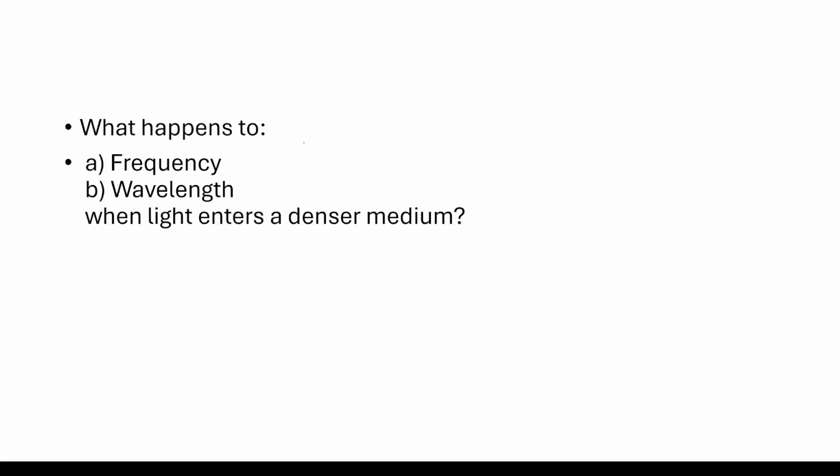It enters a denser medium, so the refractive index of the second medium is greater than that of the first. Frequency never changes, it depends on the source. Remember, whether I am making this video in air or in water, frequency would not change. My voice would remain my voice. My frequency means the kind of voice you're hearing.